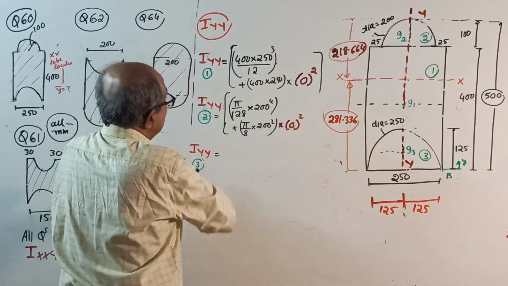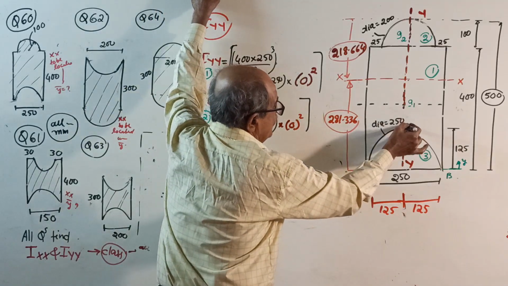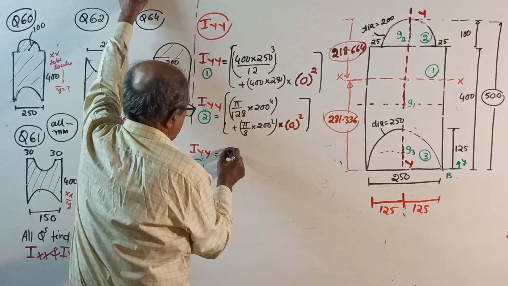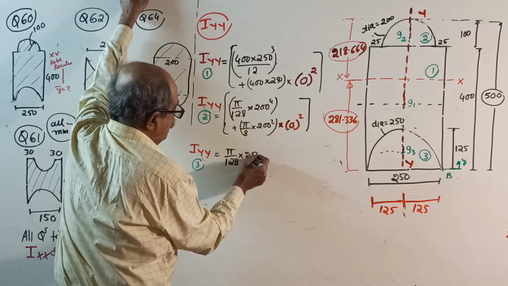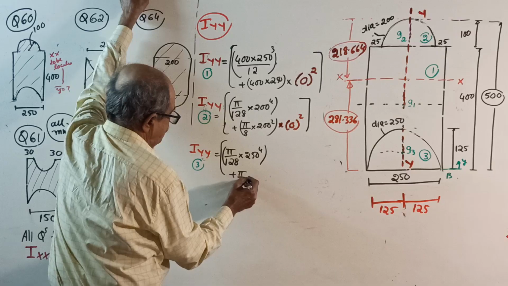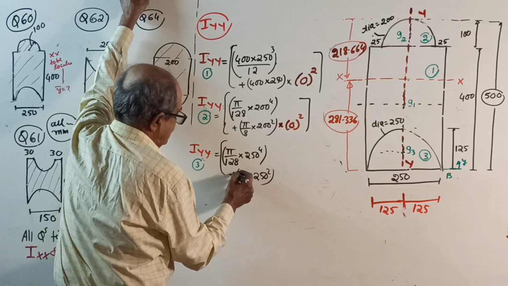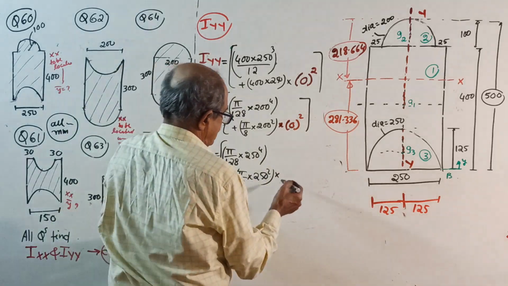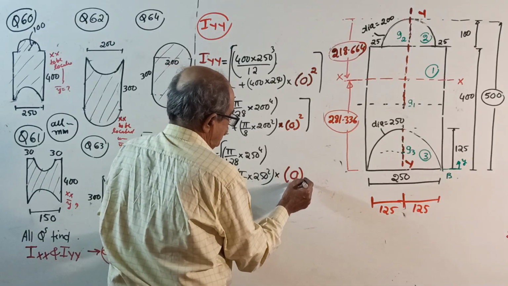Then for the last one, I about its own axis: pi by 128 into 250 power 4 is IG, plus pi by 8 into 250 square is the area, into 0 square.